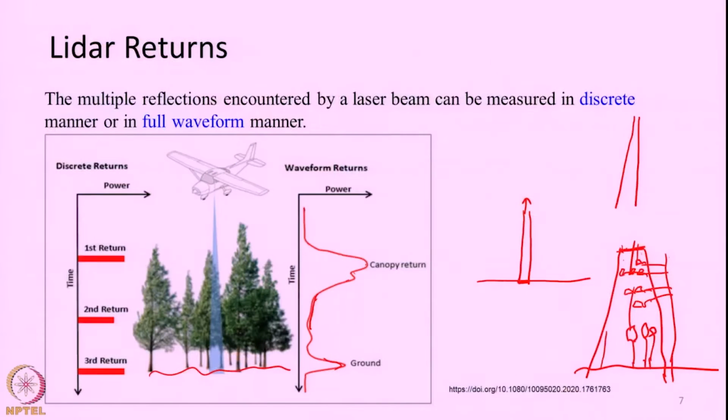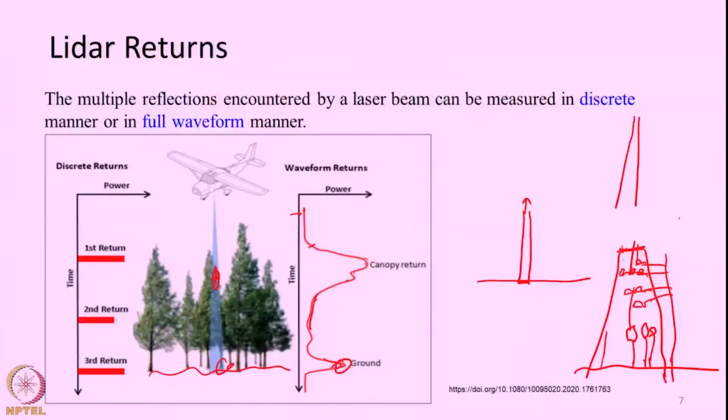So how will the discrete system work? Let us say this is the power of the signal that came back. First, with respect to time we will be able to know at what elevation it came in. This is the top, maybe a small single leaf, this is a group of leaves that defines the canopy, this is the ground, and so on. Based on the scattering happening there, maybe there is a large cluster of leaves, or the ground is highly reflecting, each portion will return a small fraction of the incoming power.